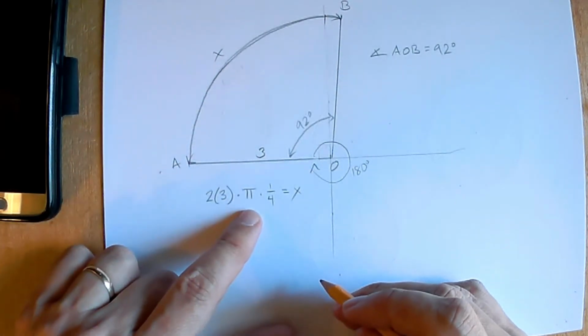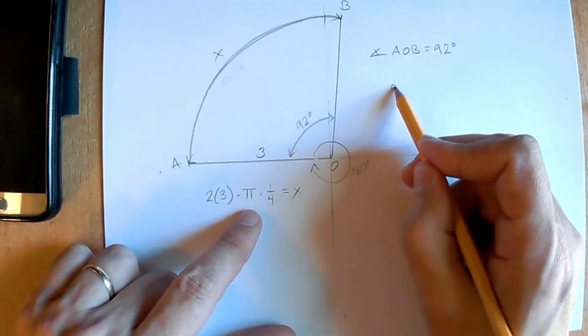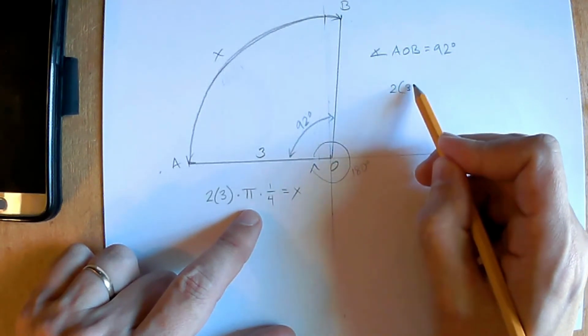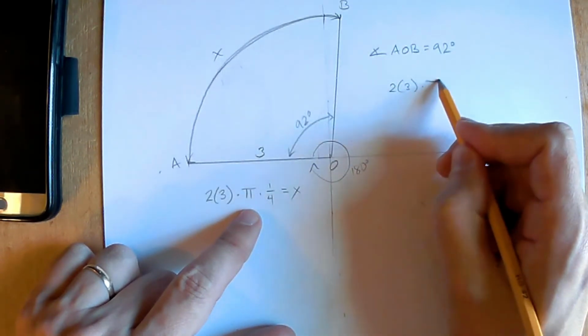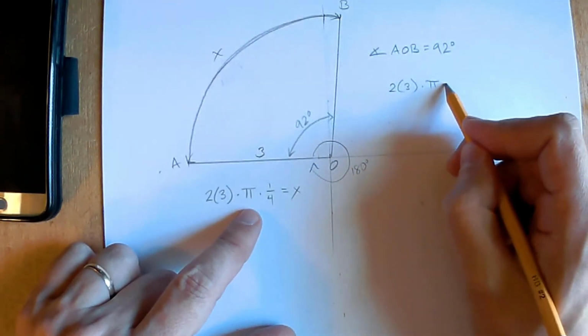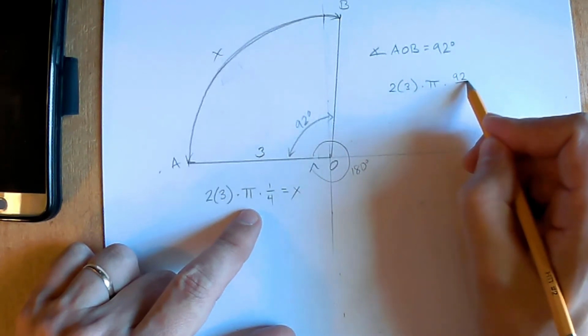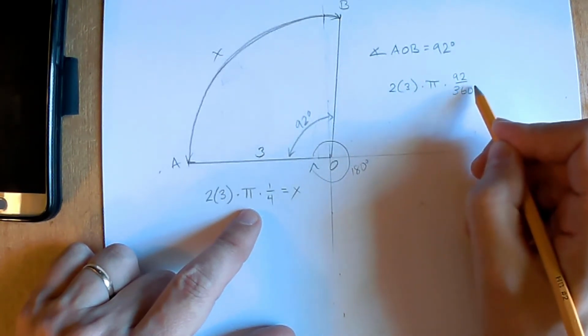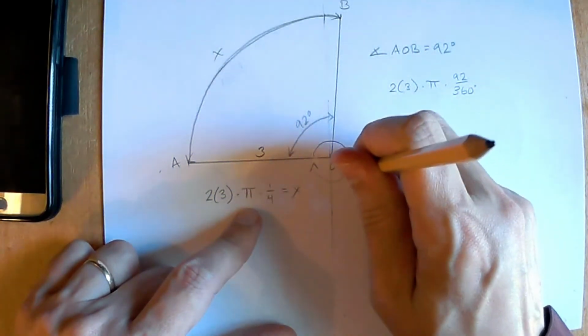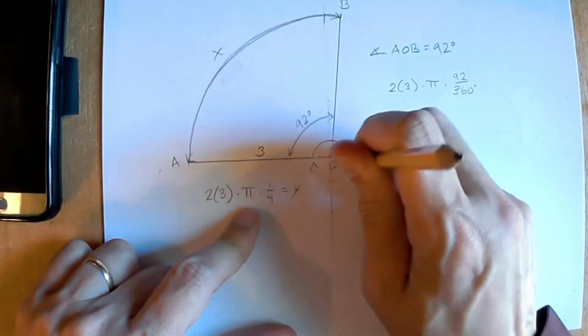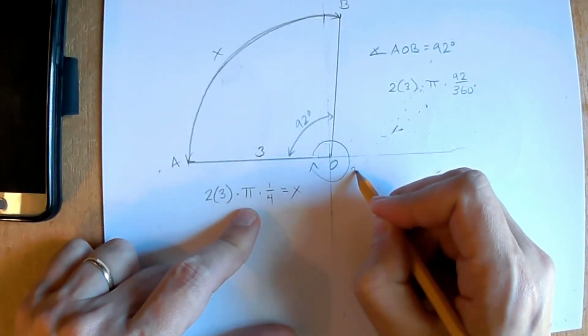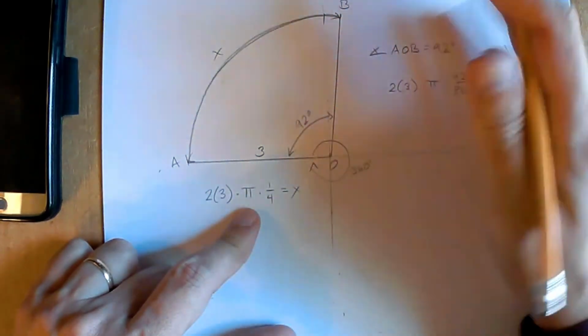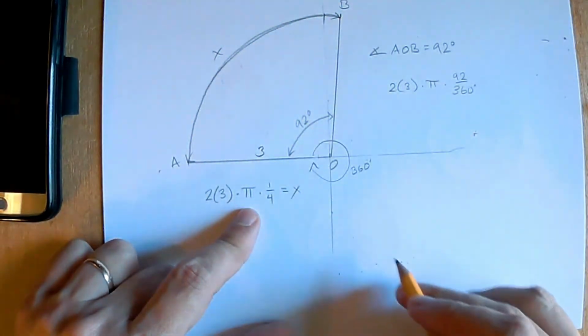So just like we had before, you can have 2 times the radius times pi times 92 360ths. Why did I say that was 180? It's not. It's 360 in a circle. Extra points if you caught that.